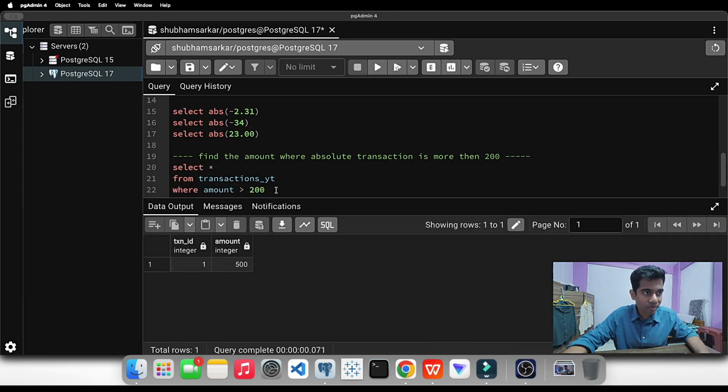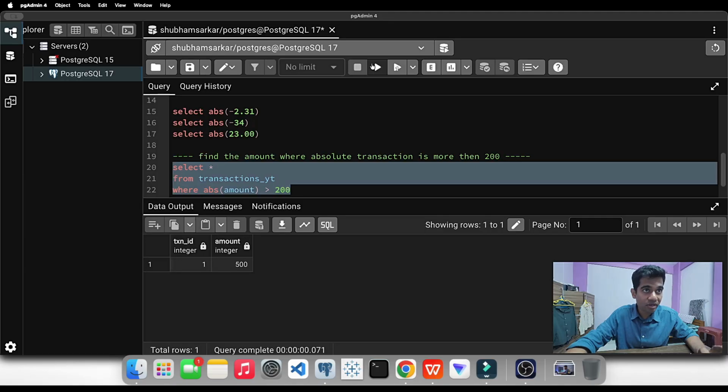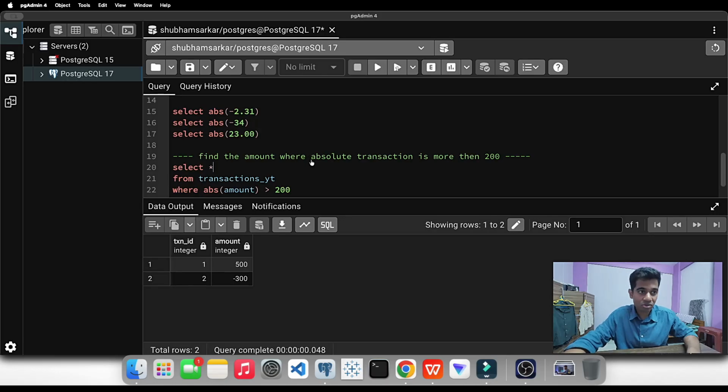But let me tell you what the actual output should be. Absolute transaction means the absolute value of amount should be greater than 200. Now you see the output. This is what it is all about. Most of the time your stakeholder will ask you about this, so no need to worry.